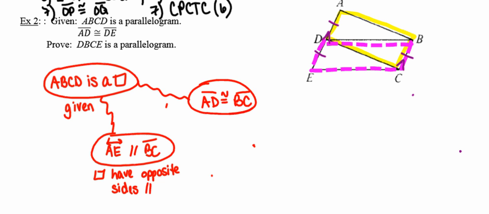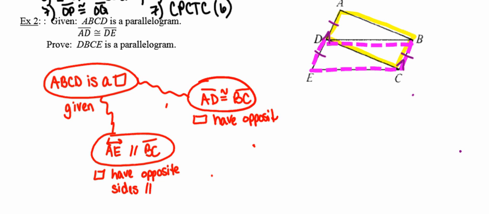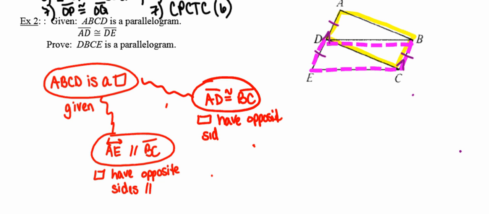And that's because parallelograms have opposite sides that are congruent. I want to get to side DE being congruent to side BC. And right now, all I know is that segment AD and segment DE are congruent.